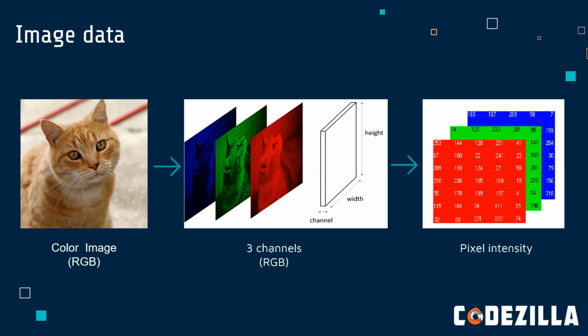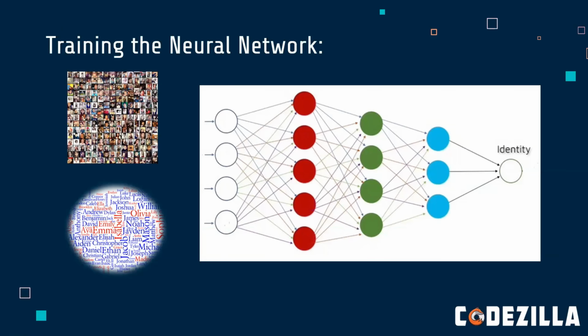So let's take an example. How can we find out the identity of a person using a neural network? To find out the identity of a person, all you need to do is give it a lot of images of faces, the features, as well as the correct identity, the labels, and during training, the learning algorithm will figure out by itself what each of the neurons in the middle should be computing.